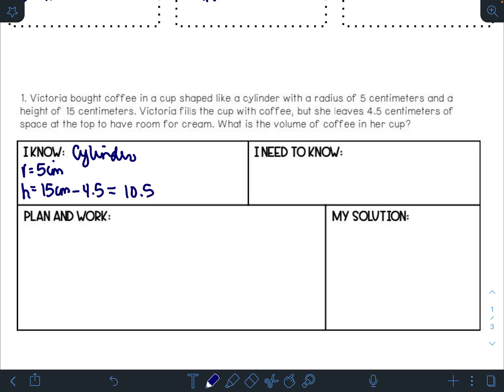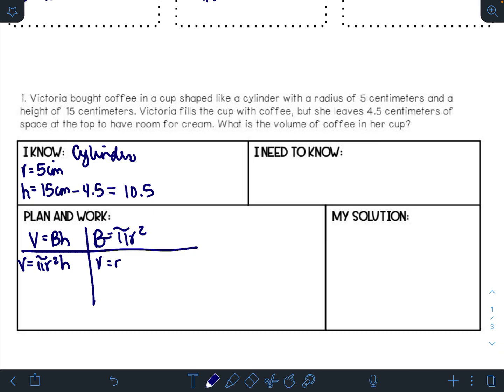So when we go to do our formula, V equals big B times H, and set up our table. I know big B is area of the base, which I'm going to use pi r squared. If I substitute that in, it's V equals pi r squared times height. My radius is 5, and my height is 10.5, because she's only filling it up 10.5 centimeters with coffee.